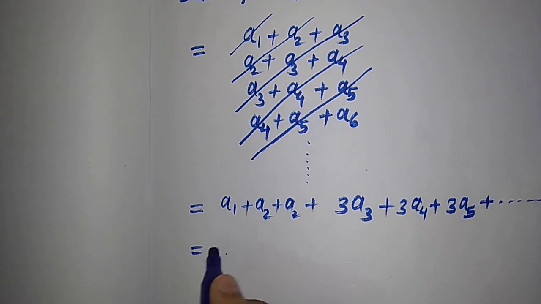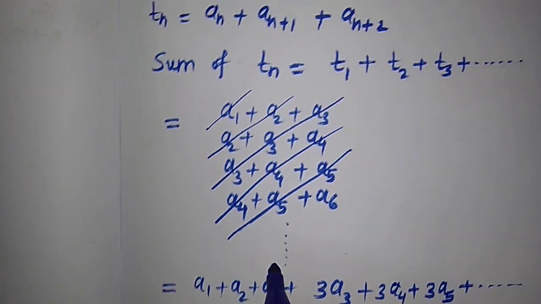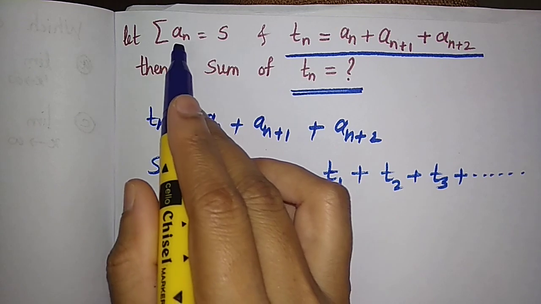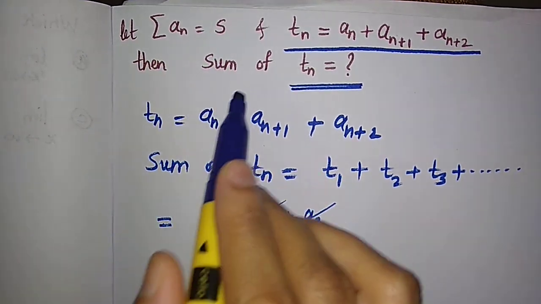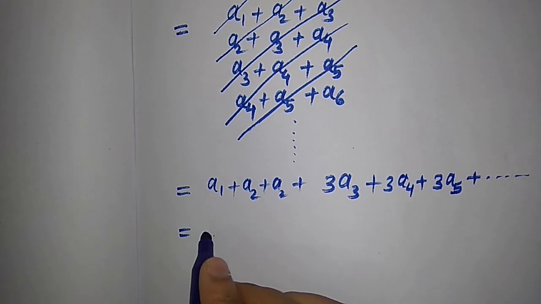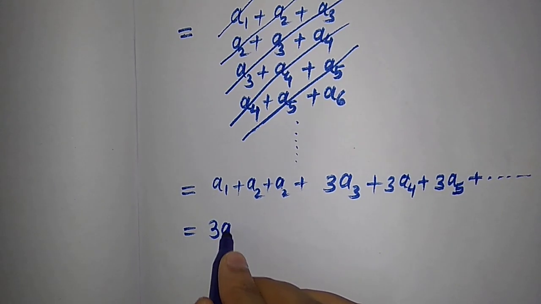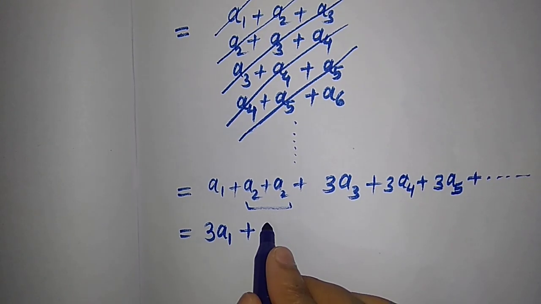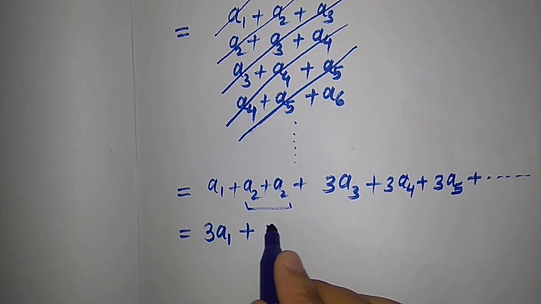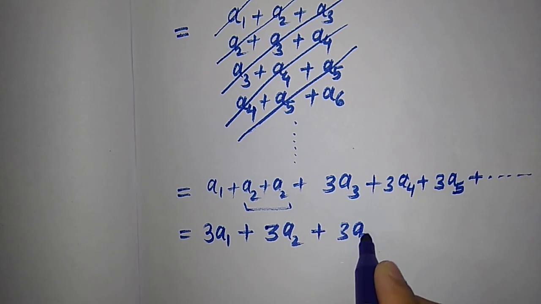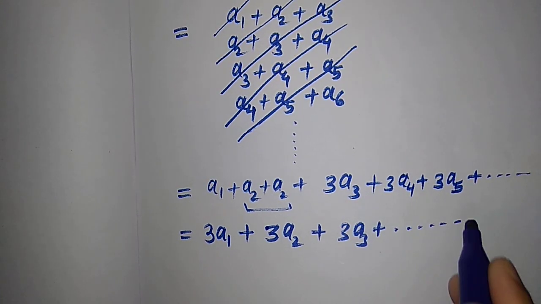Now we have to find the answer in terms of the series of an equal to s, that is, we have to find it in terms of s. So you can write this a1 as 3 times a1 minus 2 times a1, and you add 1 a2 here, so it is 3 a2 plus 3 a3 plus so on.